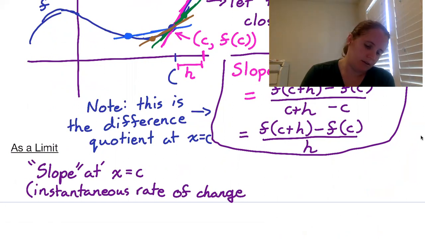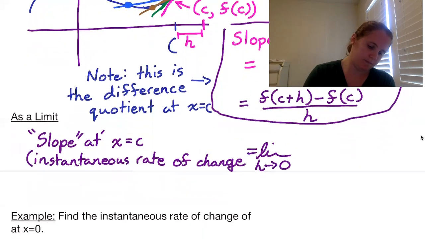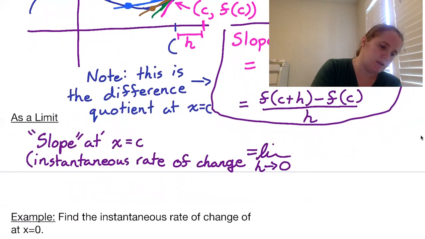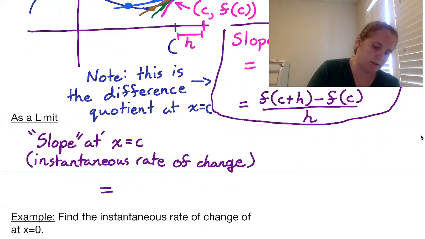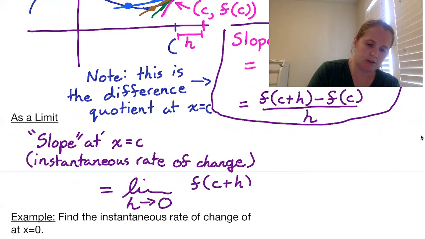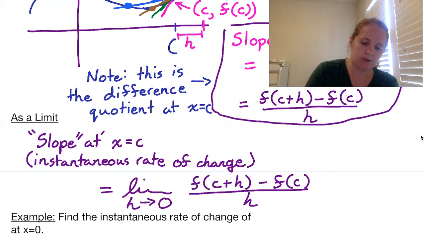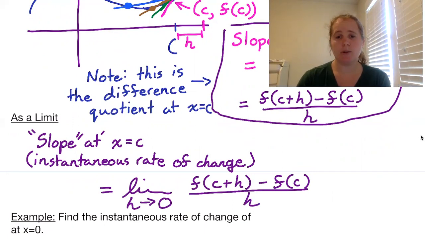So we're just going to take the limit as h goes to 0 of, let me write this lower down. This is equal to the limit as h goes to 0 of f of C plus h minus f of C all over h. So again, this gives us precisely what we were working with when we were talking about velocity.